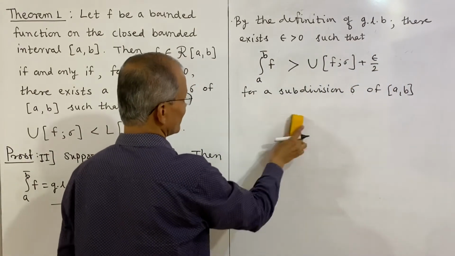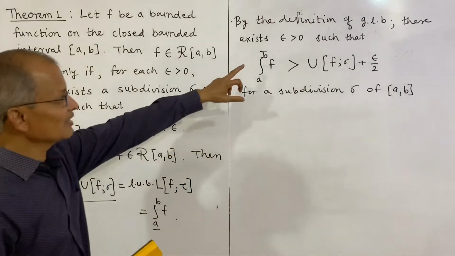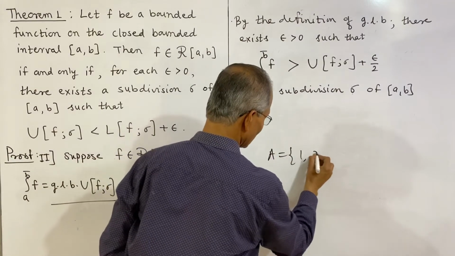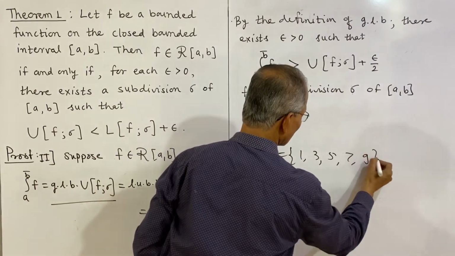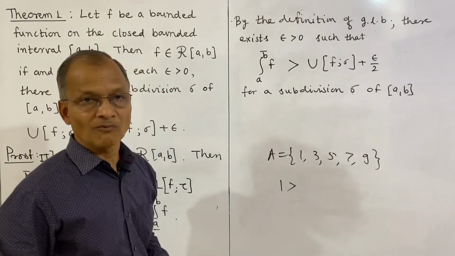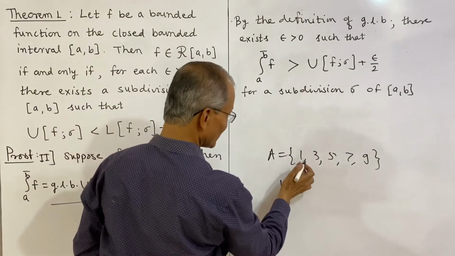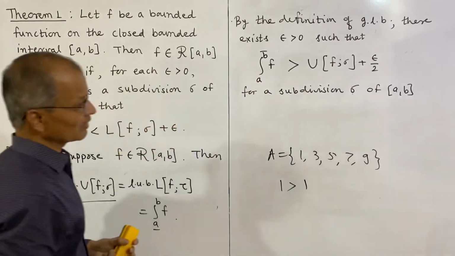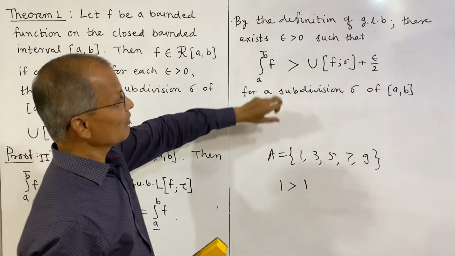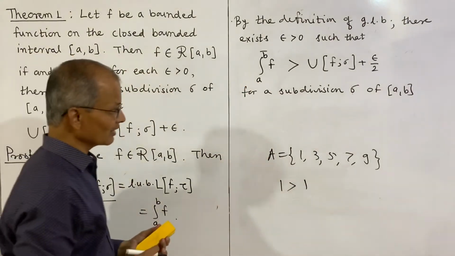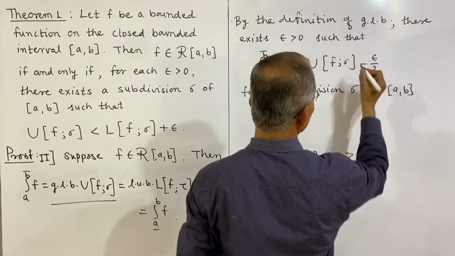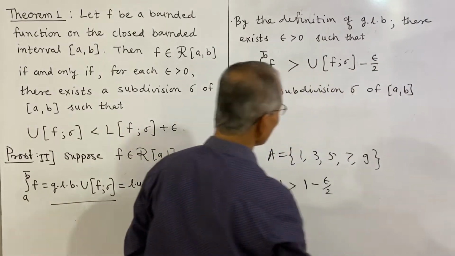So please note this. The relation we have considered is A as 1, 3, 5, 7, 9, and then the smallest value is 1. This 1 will be greater than the upper sum, which can be selected as the first 1. The smallest value will be greater than 1 minus epsilon by 2, so we should consider minus epsilon by 2.